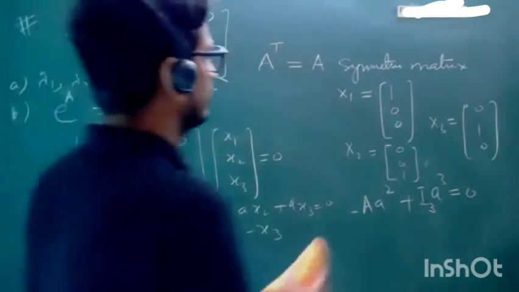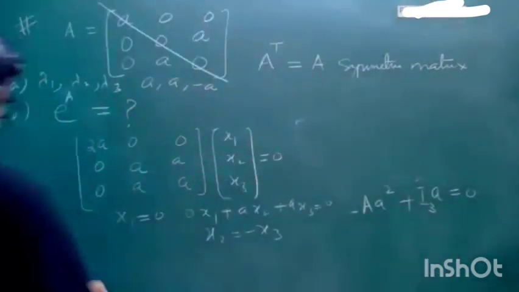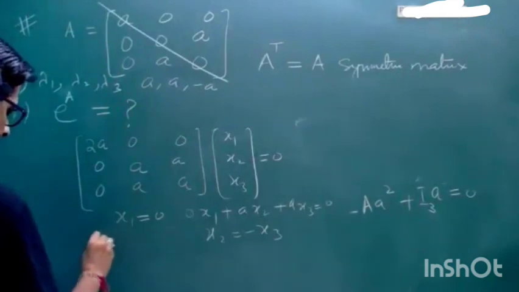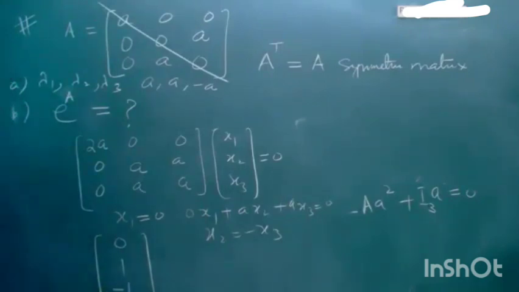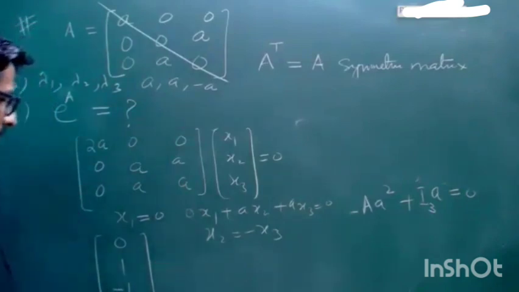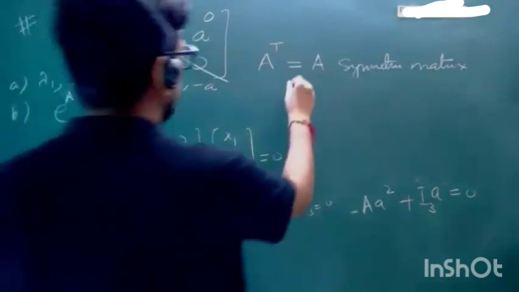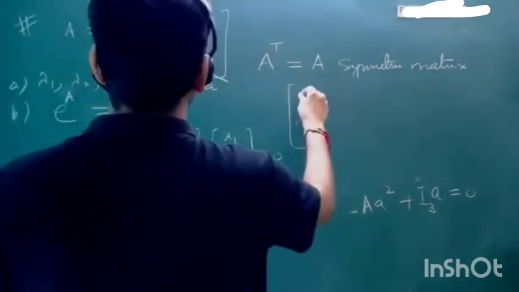Just wait on this. So what will this become? x1 is 0 and x2 is suppose 1 and this will become minus 1. Yes, sir. And what about the next eigenvector corresponding to a? Sir, 0 1 1 is coming for a. No, the other one; if we put a, what is coming? Tell me quickly.